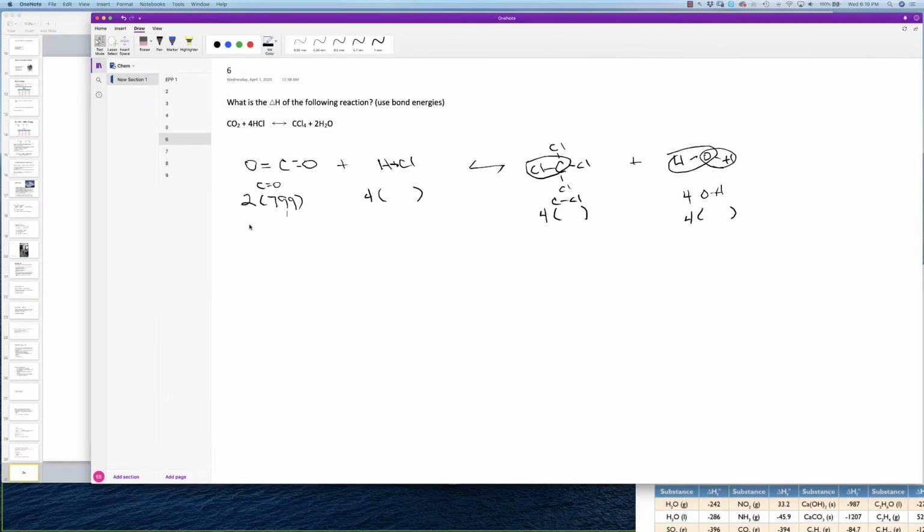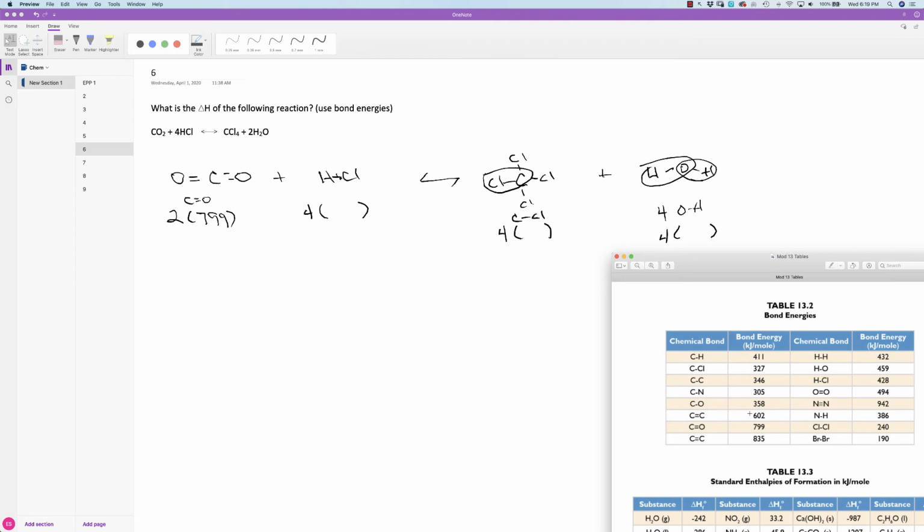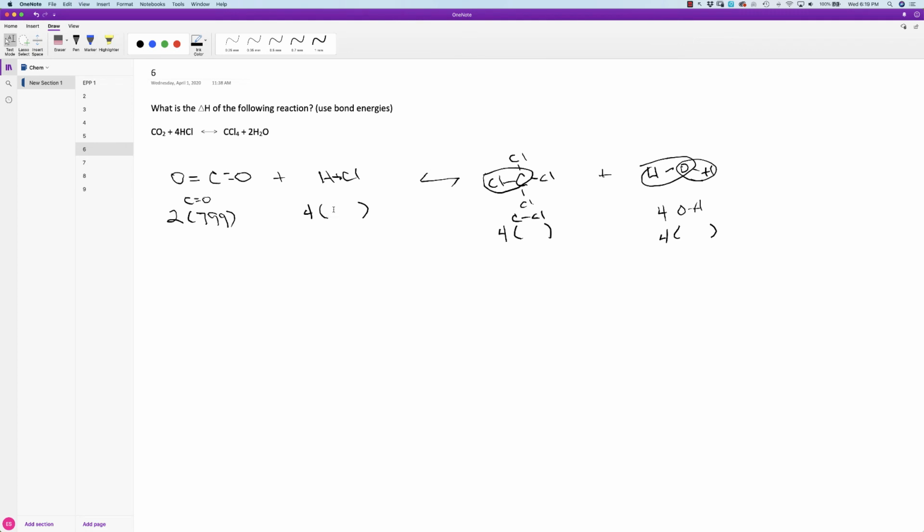And then we've got 4 of our hydrogen chlorine right there. It's 428 for each of them. Okay, so 4 times 428.